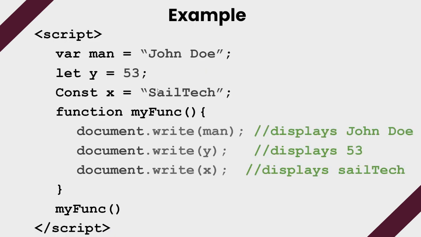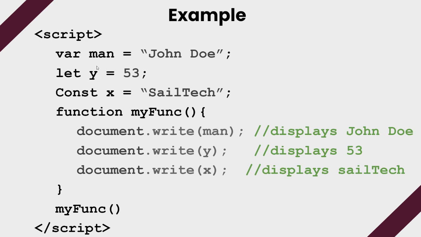So here we have a quick example of how the global scope works. You can see that we have the function here, and we've actually declared these variables outside this function. This example is the same as the example we had in the functional and the block scope.